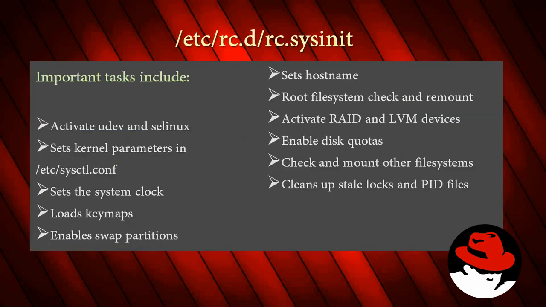Then there comes another important file, rc.sysinit, the system initialization file, which is a daemon again. It performs important tasks for activating udev and SELinux, the Security-Enhanced Linux, which is a security feature securing the kernel and other system utilities.